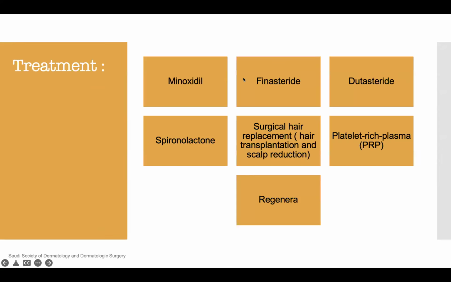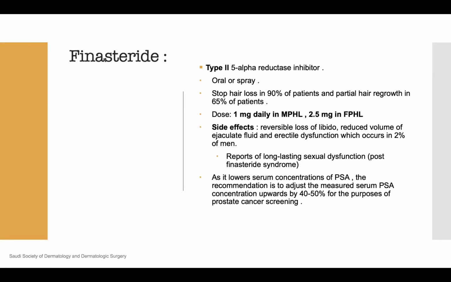Okay, the second line of treatment is finasteride and dutasteride, and we're going to discuss both of them. Finasteride is a type 2 5 alpha reductase inhibitor, in oral or spray form. It stops the hair loss in around 90% of patients. The dose usually is 1 milligram daily in male pattern hair loss and 2.5 in female pattern hair loss.